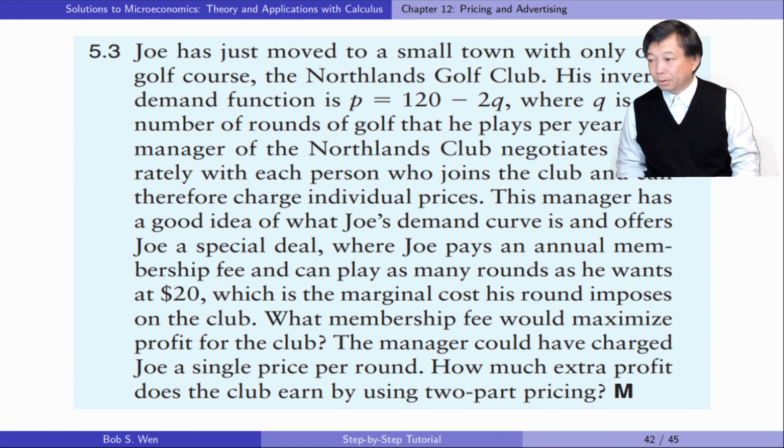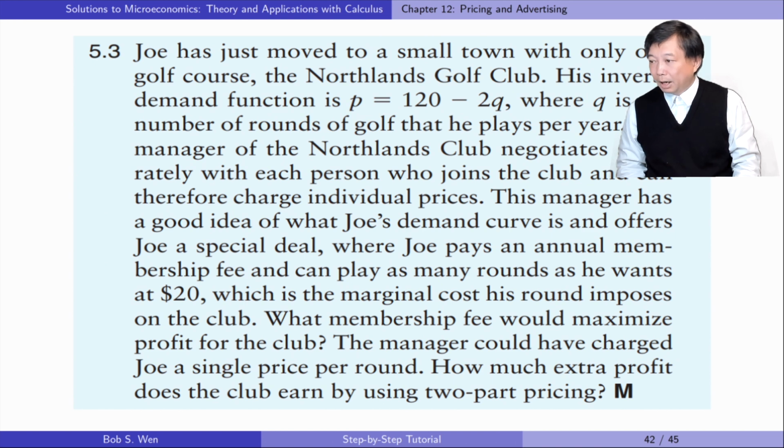This manager has a good idea of what Joe's demand curve is and offers Joe a special deal, where Joe pays an annual membership fee and can play as many rounds as he wants at $20, which is the marginal cost his run imposes on the club. What membership fee would maximize profit for the club?